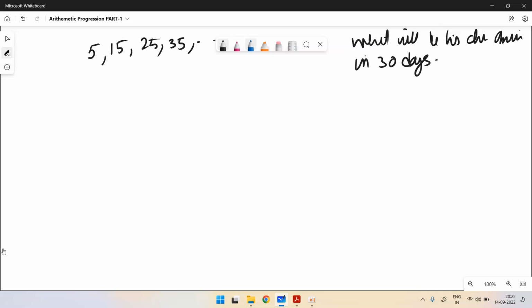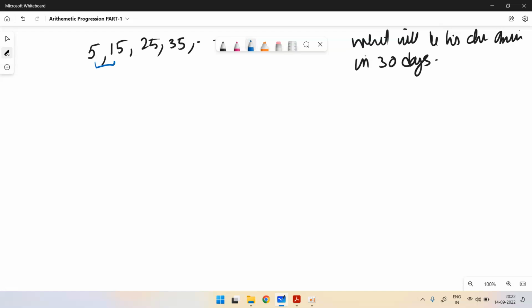See from here the difference, this is 10, here is also difference 10, this is 10, this will form an arithmetic progression. Since this is an arithmetic progression, you can see that the first term is 5 and the common difference is 10, that is 15 minus 5, or even 25 minus 15 or 35 minus 25.